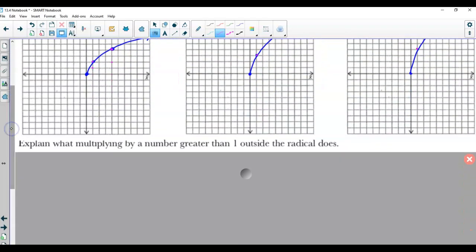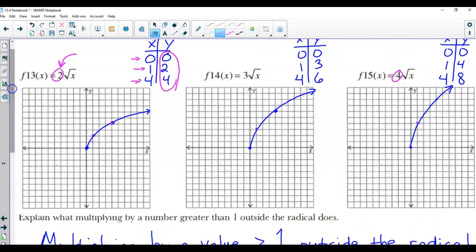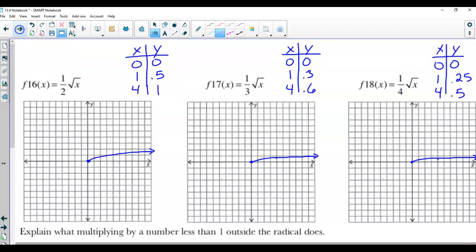So when that number on the outside of a radical is greater than 1, it stretches the graph vertically because it is changing the output value, not the input value like it was before. That number is not making me pick and choose different numbers for x to get to the perfect square. I'm just putting my perfect squares in, so it's changing it vertically.